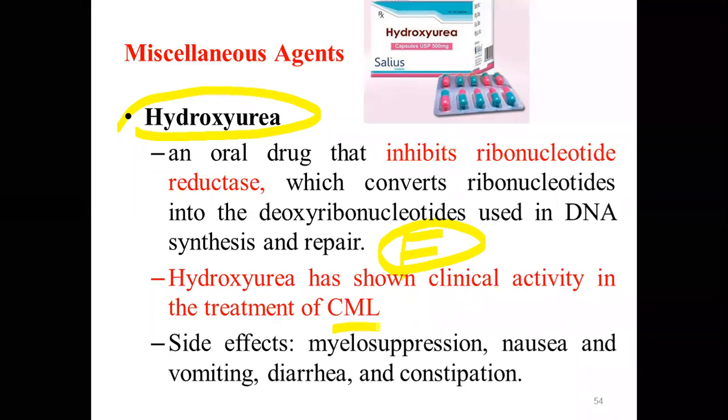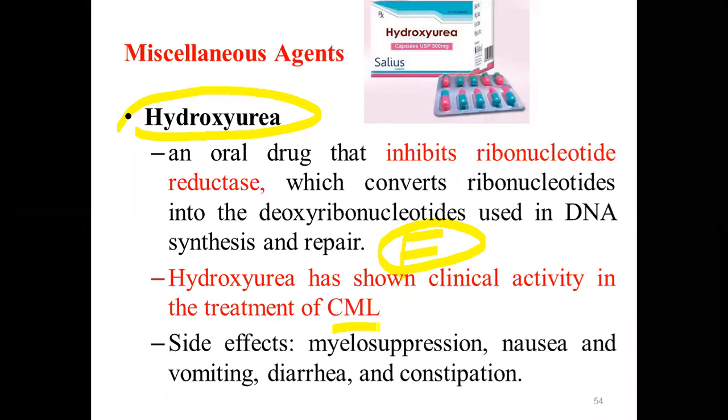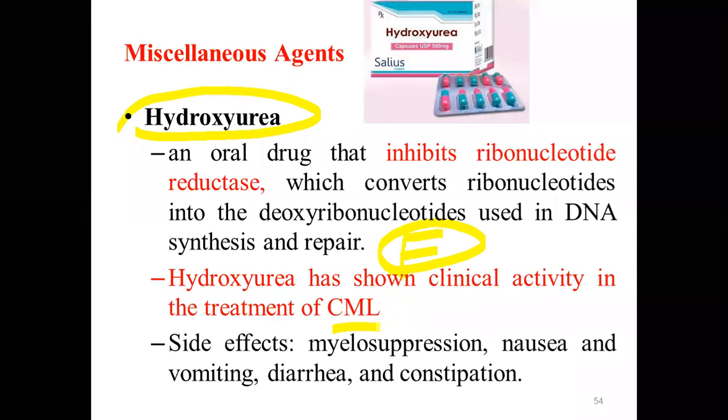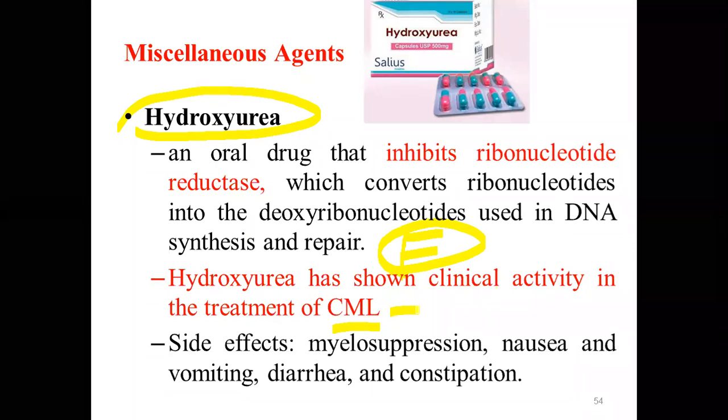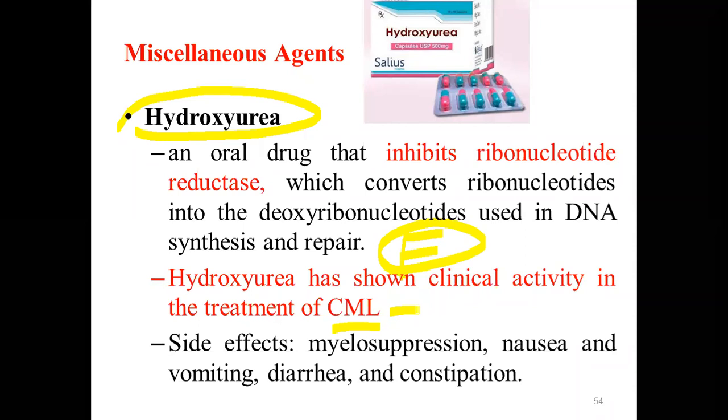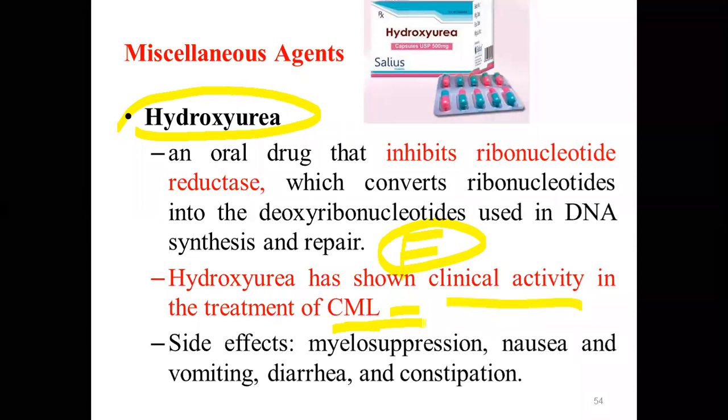By the way, it is not really a front line in the management, but when there are a lot of cancerous lymphocytes, it is important for reduction. Otherwise, for chronic treatment, we are going to use other medication, and we shall discuss when we get there. But that is the primary use of hydroxyurea in chronic myeloid leukemia.